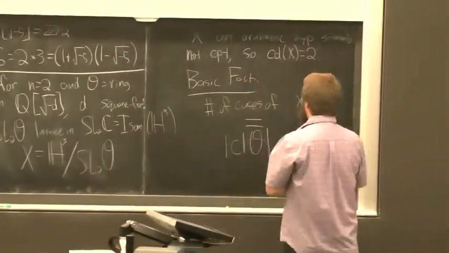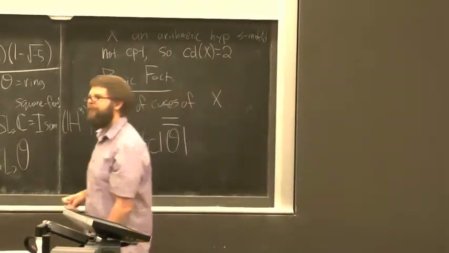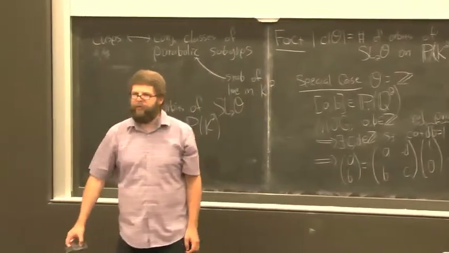So we have all these cusps corresponding to the class group. And so how can I use these cusps to cook up elements of H2?